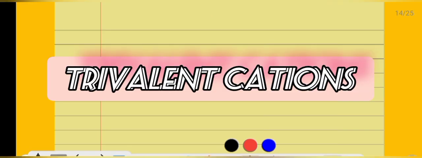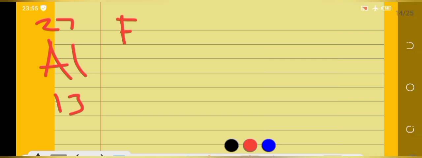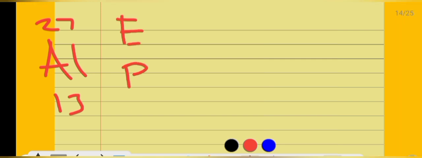So the third example is that of a trivalent cation. In this case, we can use aluminium, and we know that the mass number is 27 and the atomic number is 13. So let's see the number of electrons, the number of protons, and the number of neutrons. Electrons are going to be 13.